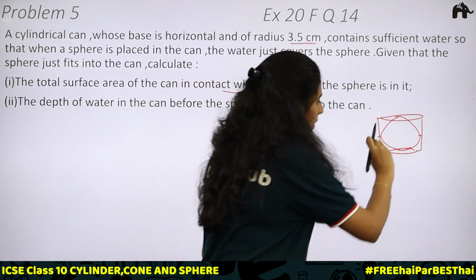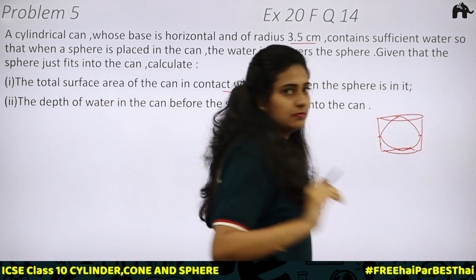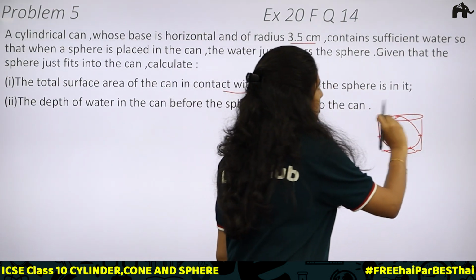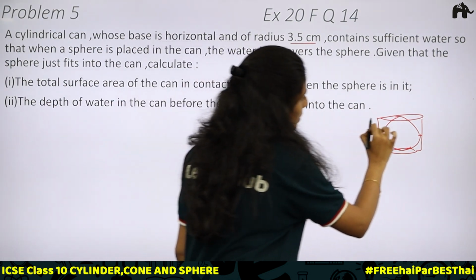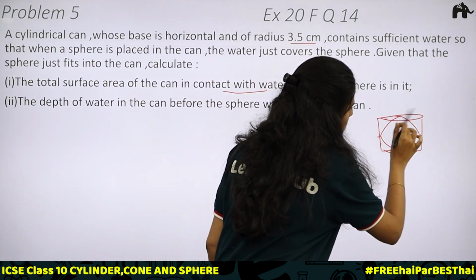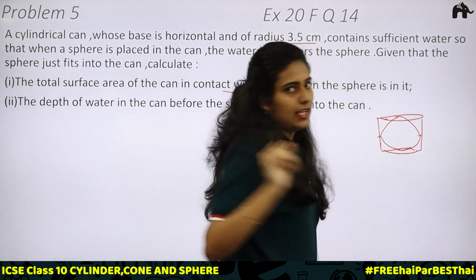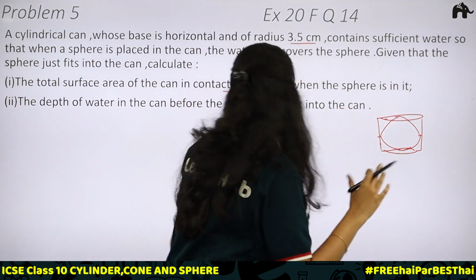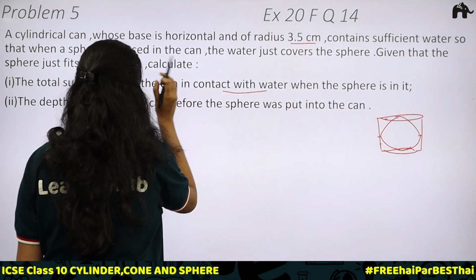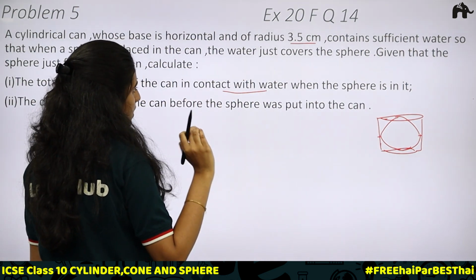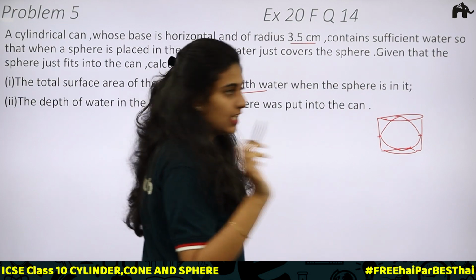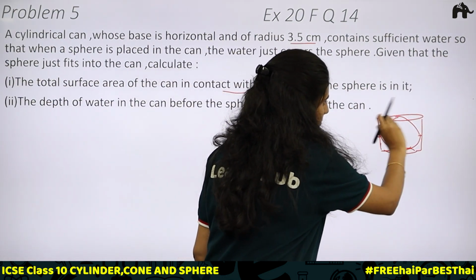Then the water level will rise. It is given that the water level reaches the sphere's top end. We need to find the total surface area of the can in contact with water when the sphere is in it. That is up to here.